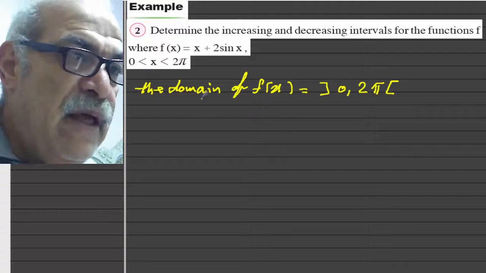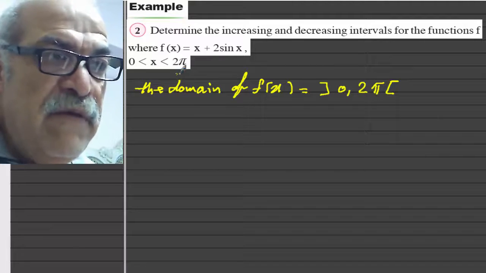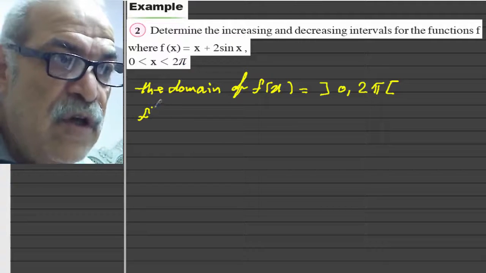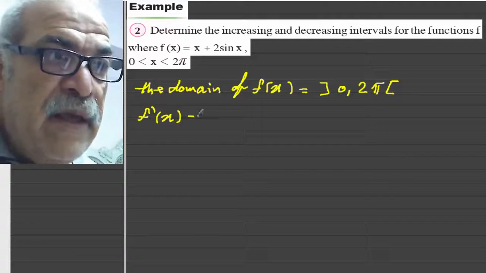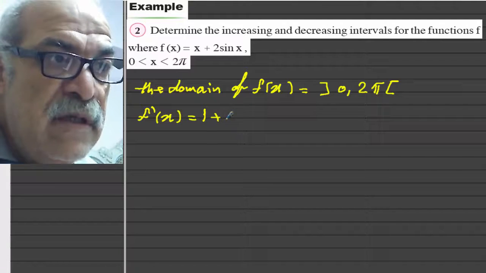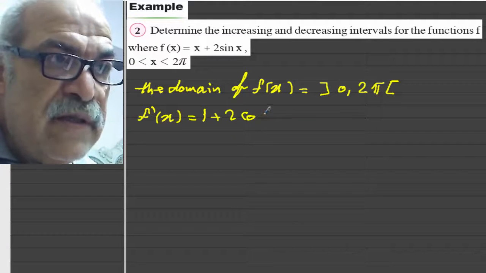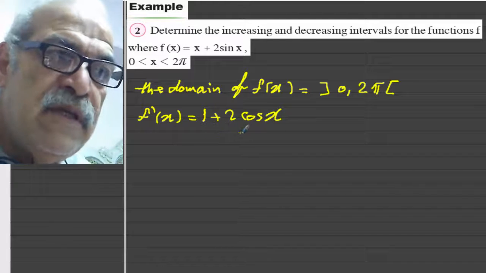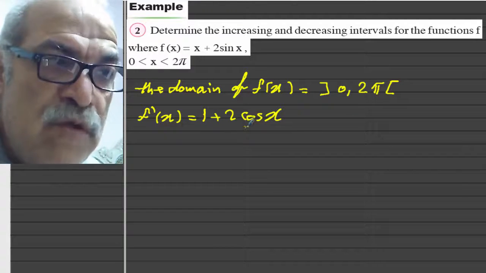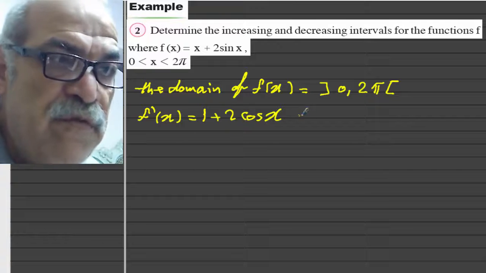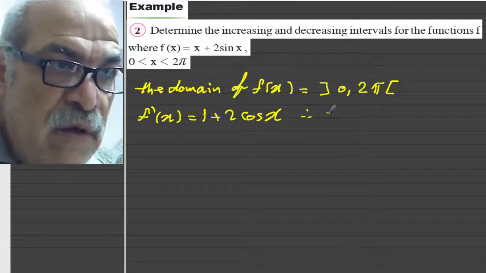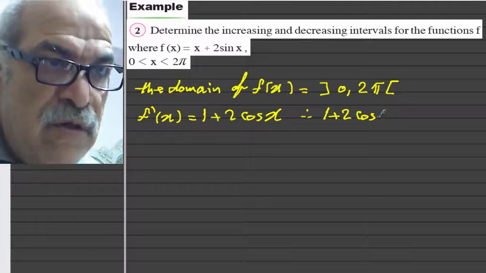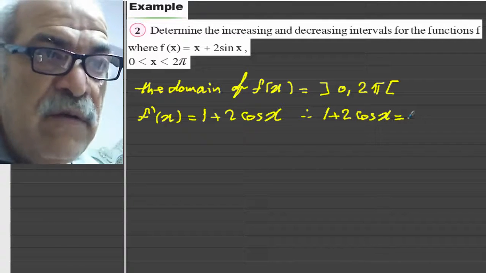Okay, and we will find the first derivative, f dash of x equals 1 plus 2 cosine x. The derivative of sine x is cosine x. Now putting f dash of x equals 0, then 1 plus 2 cosine x equals 0.